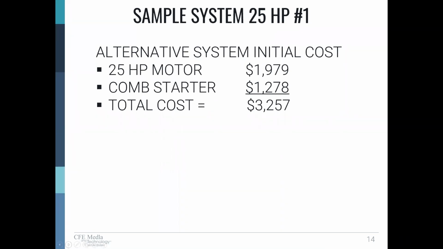We could save some money by using a definite purpose starter, but the definite purpose starters are not as robust as the NEMA class starters. And so for our applications right now, I included the NEMA class starter instead of the definite purpose.